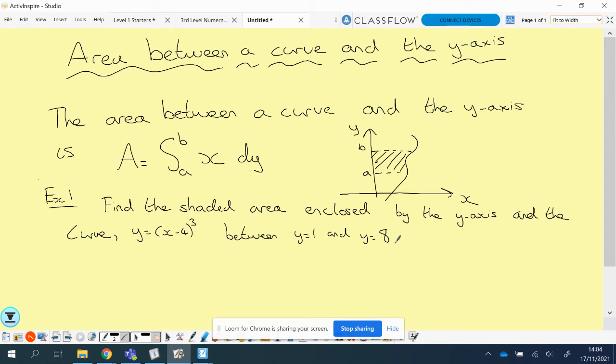Okay, so that's going to be an example of the question. We're going to find the shaded area enclosed by the y-axis and the curve y equals (x minus 4) all cubed between those limits there.